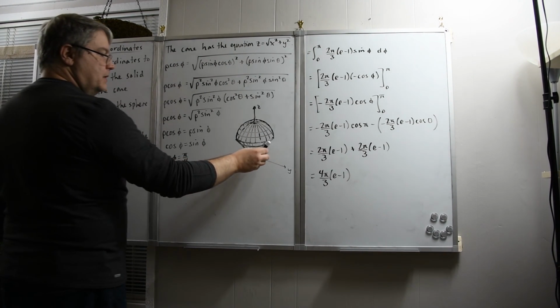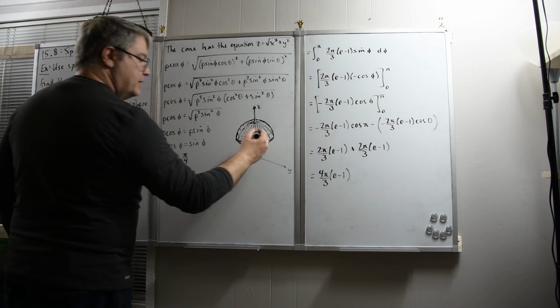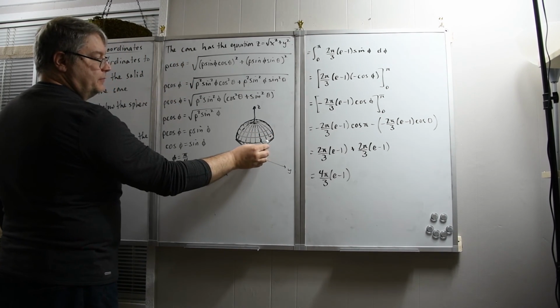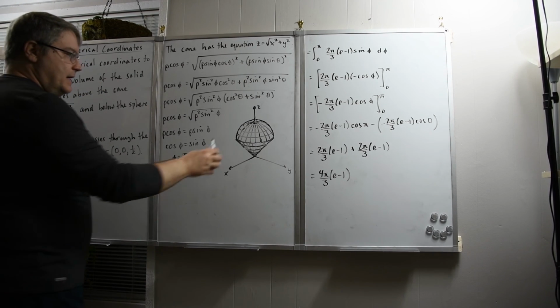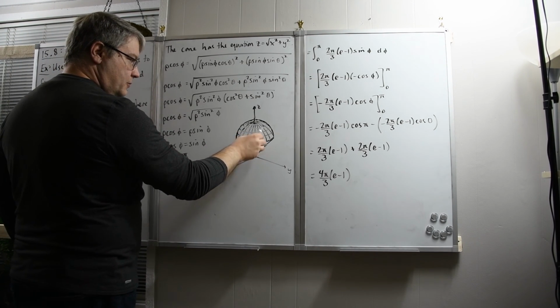And so if you go with an angle for phi greater than pi over 4, then you're not going to be intersecting this solid at all. But anywhere phi equals 0 through pi over 4, then yeah.